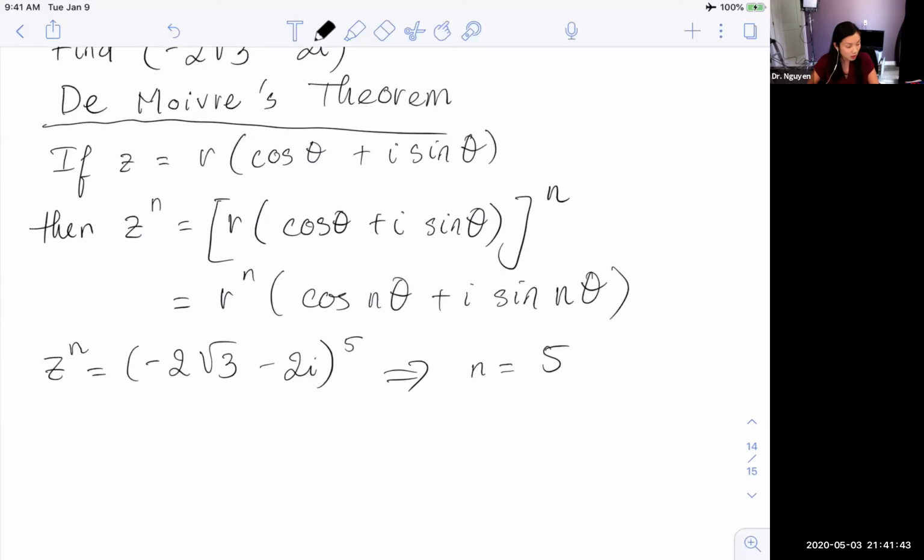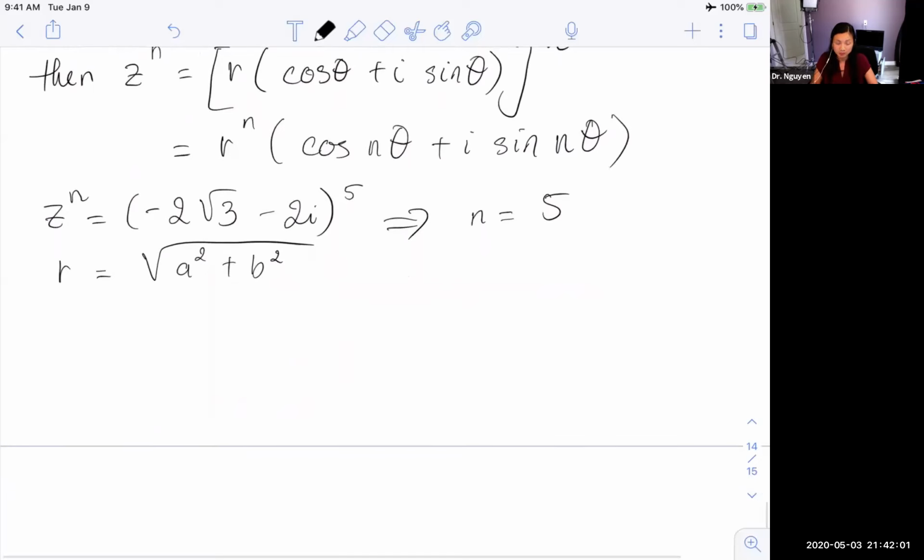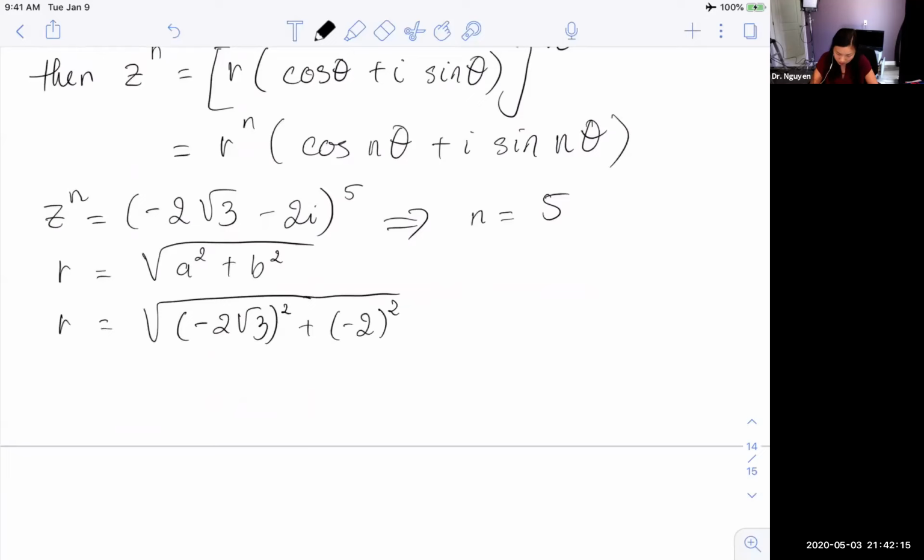Okay, so we try to find r. Let's find r first. So recall r is the square root of a squared plus b squared. So in this case, r is the square root of (-2 radical 3) squared plus (-2) squared.